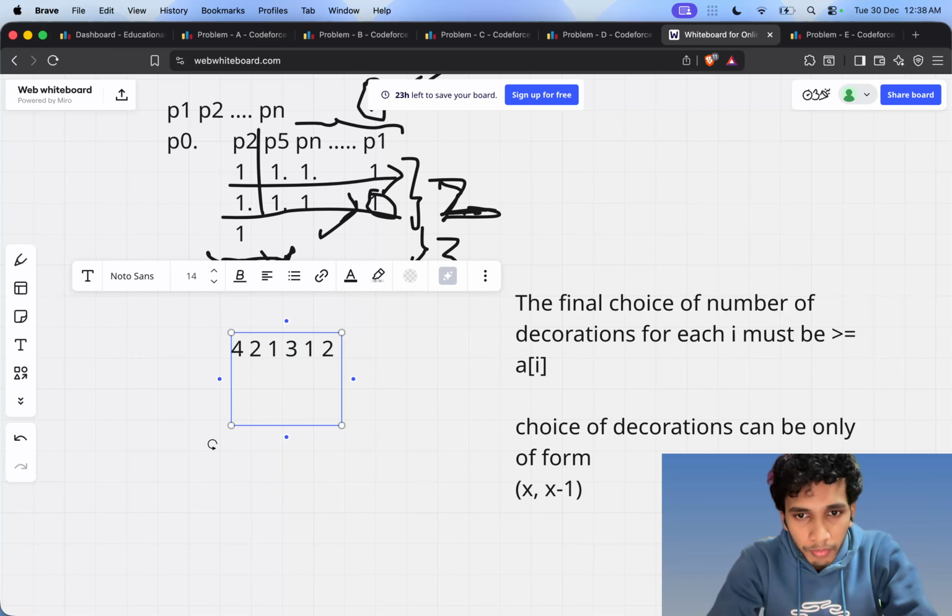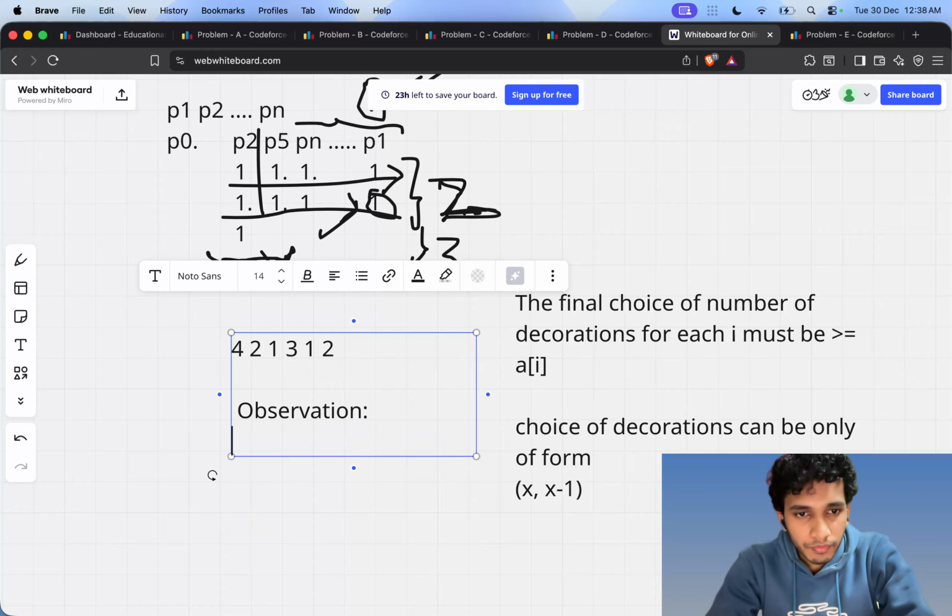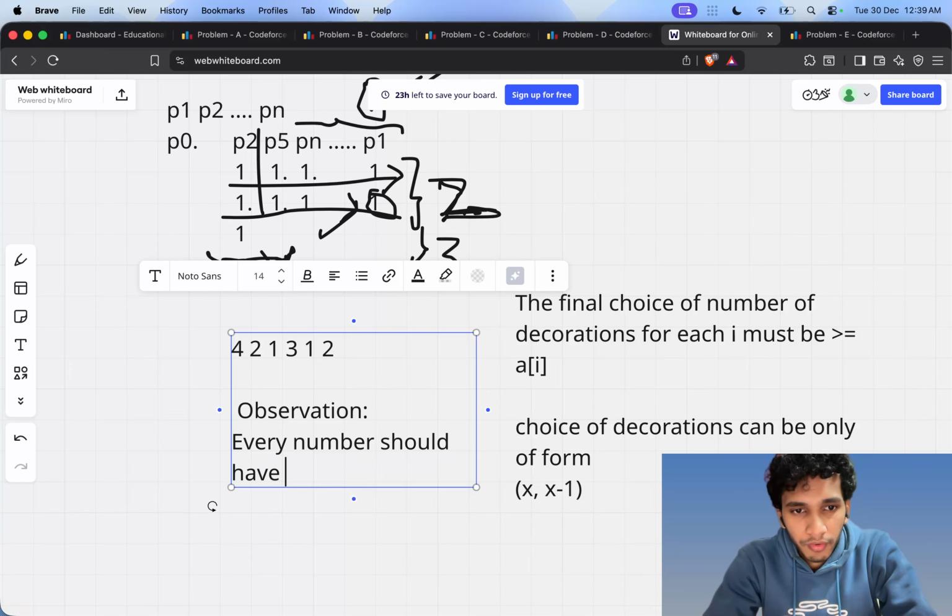So, observation: every number should have the option to be equal to max minus 1 at least.